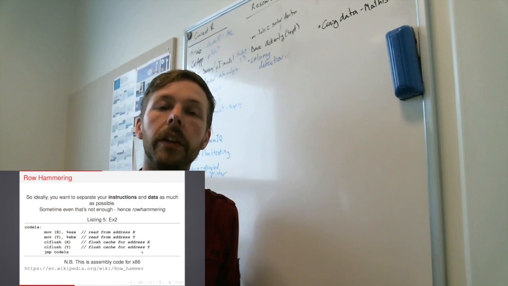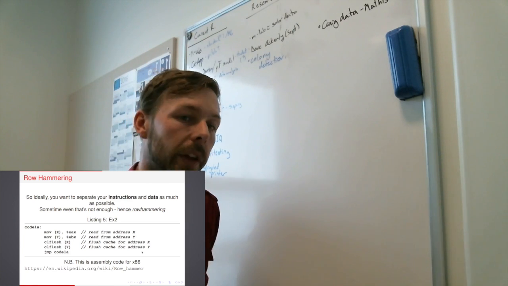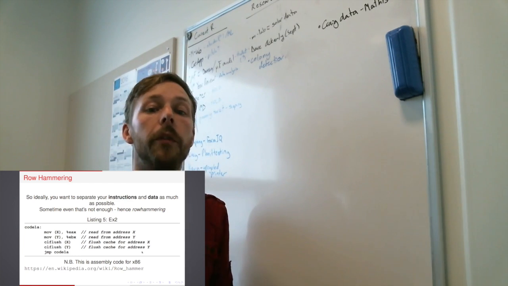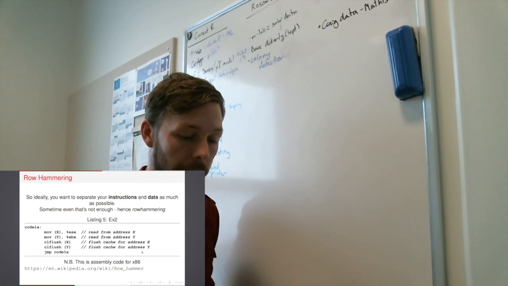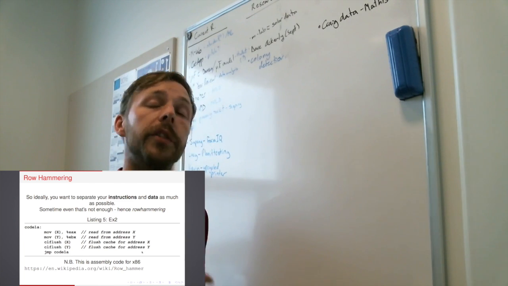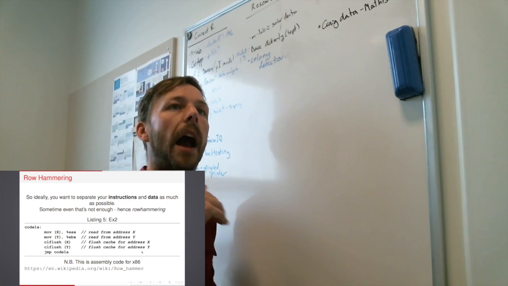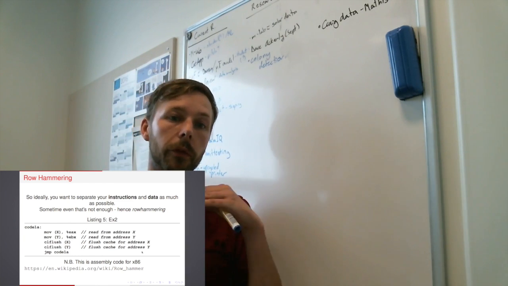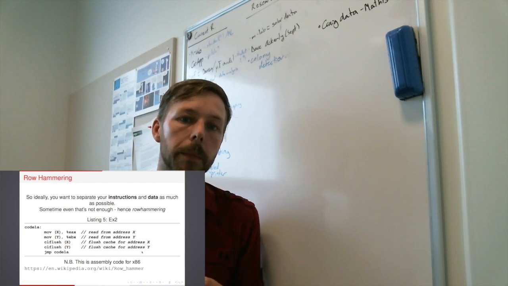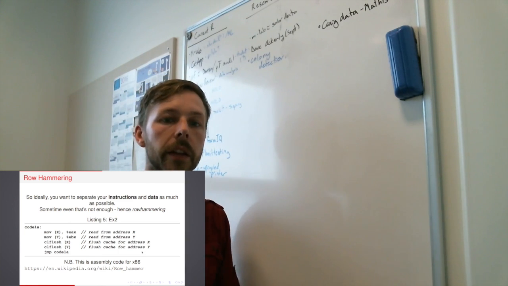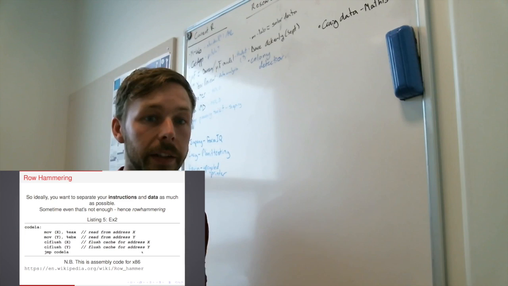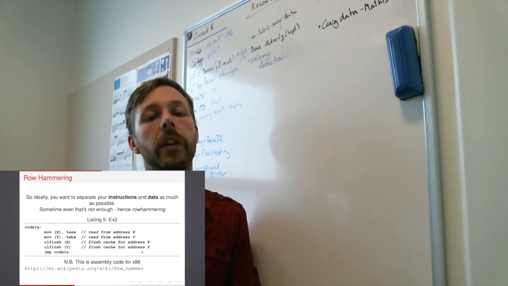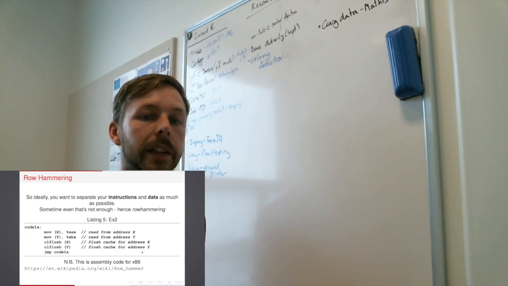It's a rare event, it doesn't happen often, but it happens enough and reproducibly enough for this to be a well-documented bug. And this is actually a whole new area of security research, looking at how you can securely separate memory addresses from the addresses adjacent to it. So this piece of code that you can see here, this is assembly code for x86, so this would be interpreted by the assembler and turned into opcodes for x86 architecture.